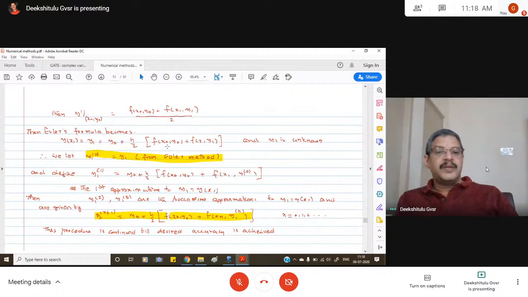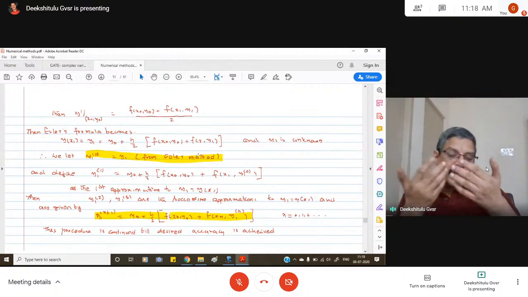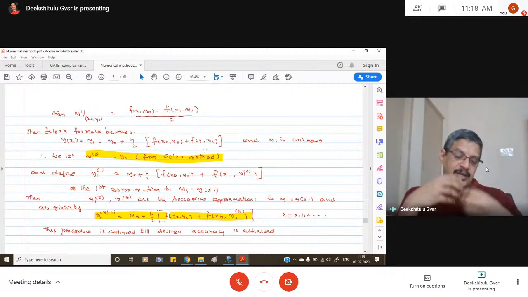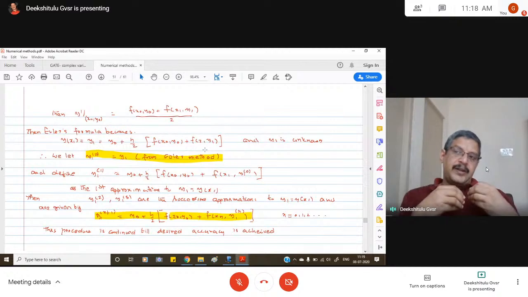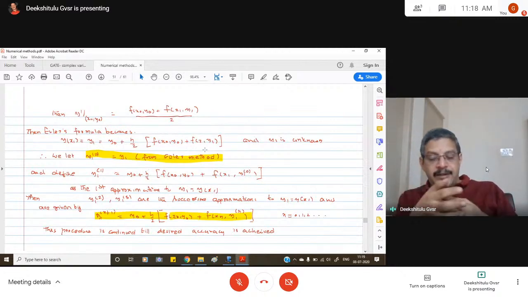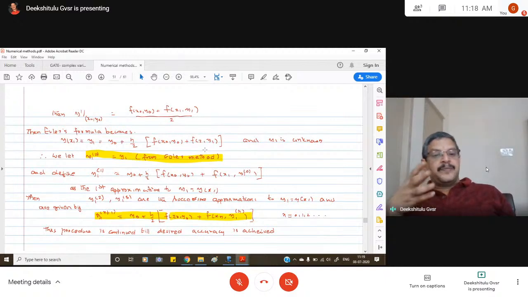Second, whatever final value we get for y1 in Euler's method, using the formula y1 is equal to y0 plus h into f of x0 y0, we consider that as the initial approximation in modified Euler's method, and that is then redefined and refined using a particular process proposed.